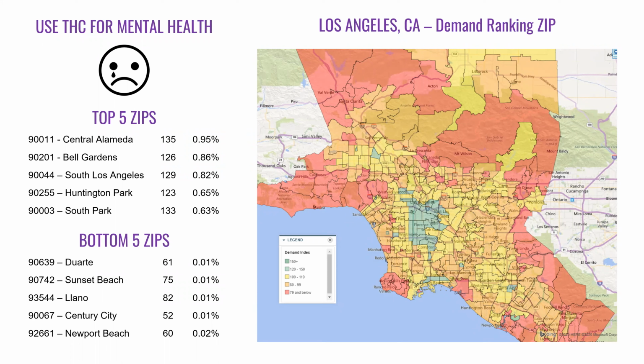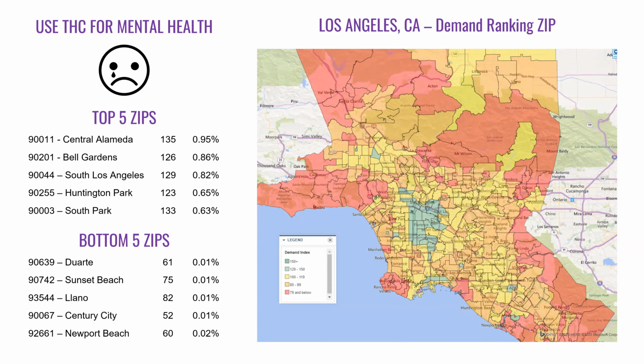You can see the areas that really pop in this green color, where they're indexing 120 or higher, tend to be in some of those more hardworking, lower socioeconomic areas of the city. So you can see places like Compton are certainly using THC dominant products to help maintain better mental health, and places like Bell Gardens.